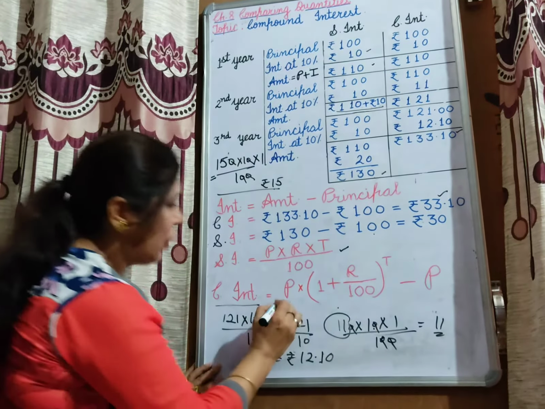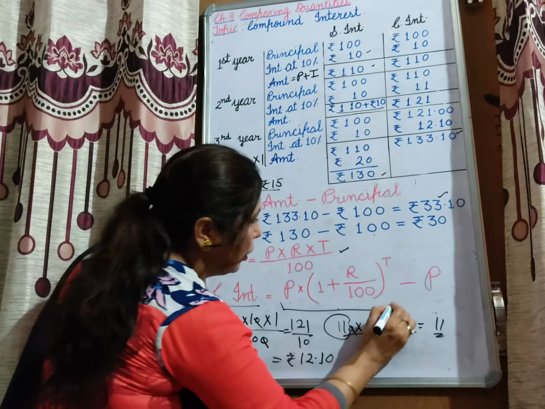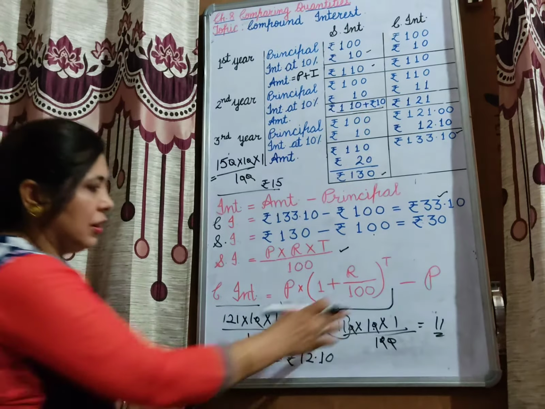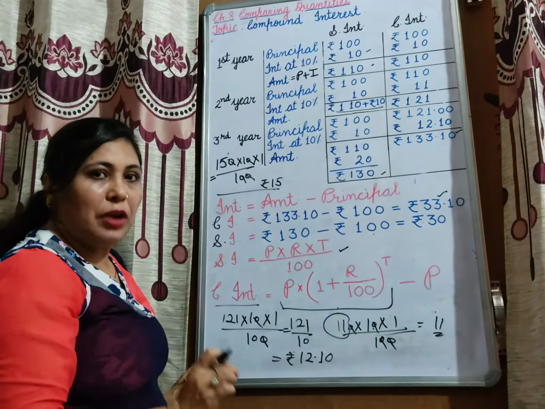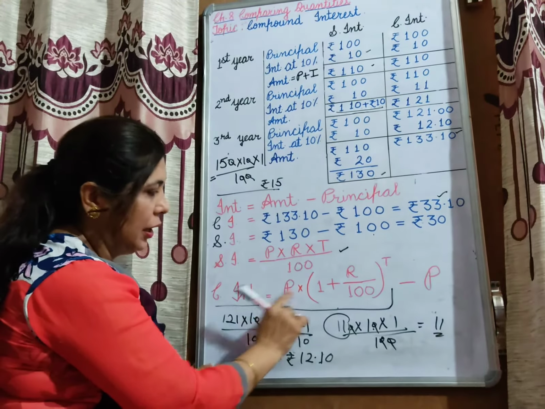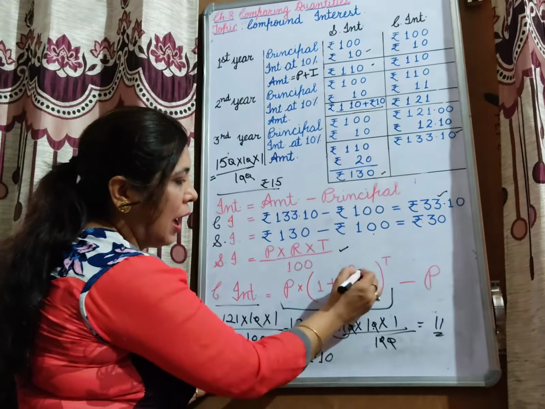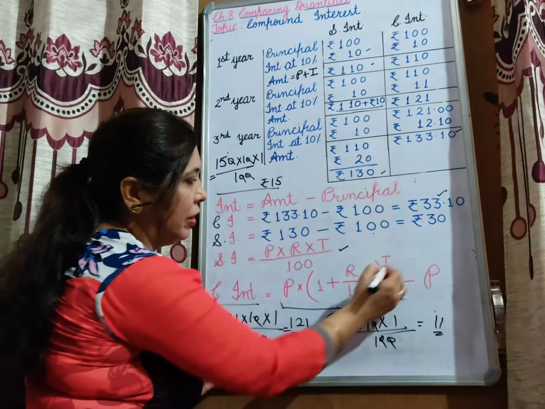If we need to find only the amount, then only this will be our formula. What is our formula to find the amount? P into (1 plus R upon 100) whole power T.